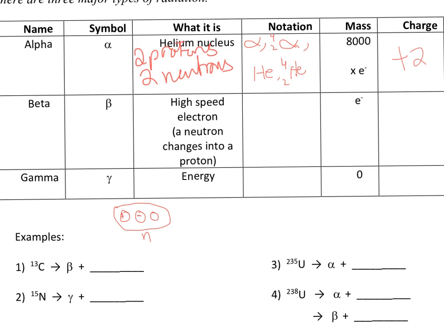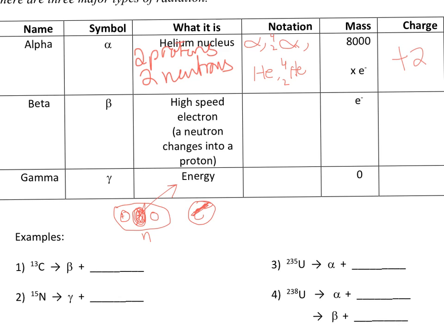What happens with a beta decay is that it's a high-speed electron that leaves your nucleus. And so this part right here is gone. It goes out. So you can call it a high-speed electron, or you can just think of it as a quark that has a negative charge. And so that leaves.